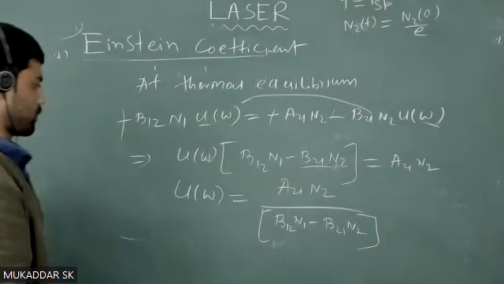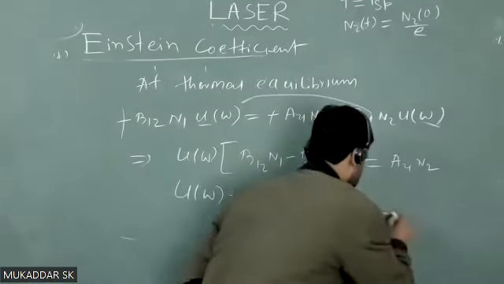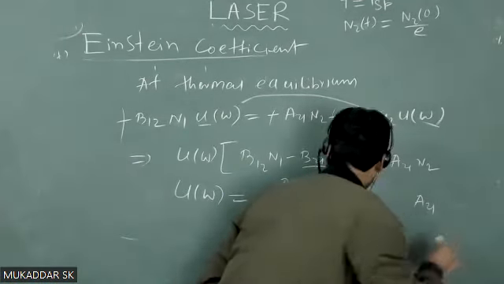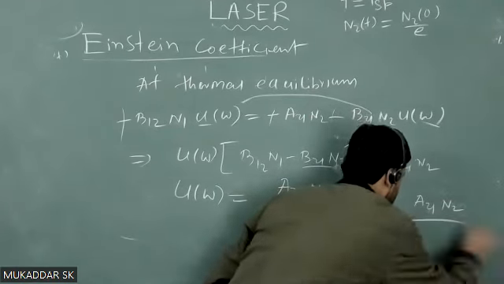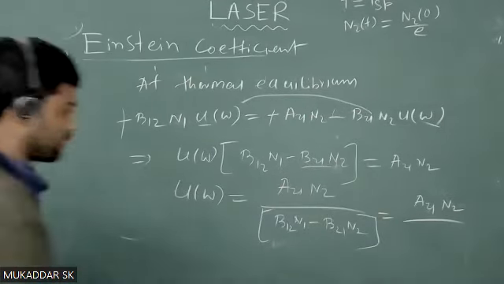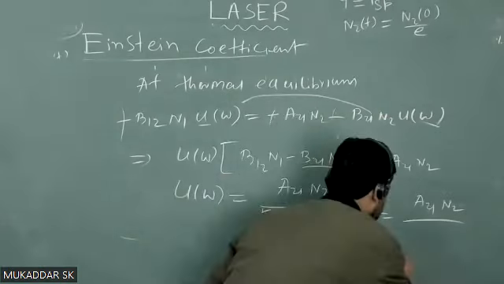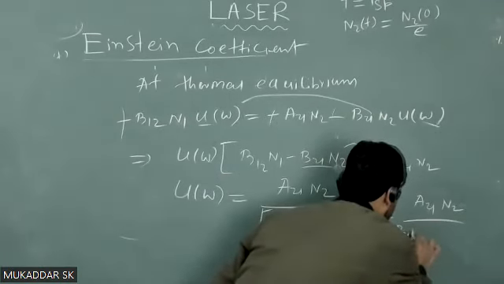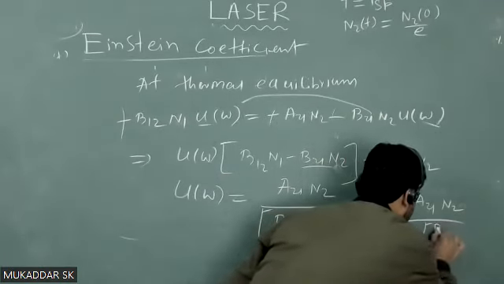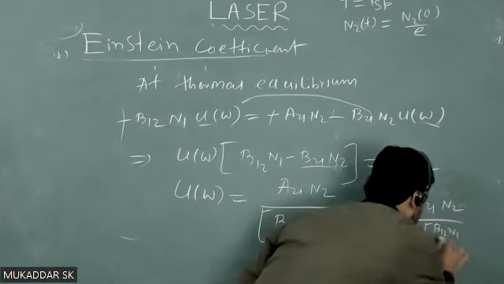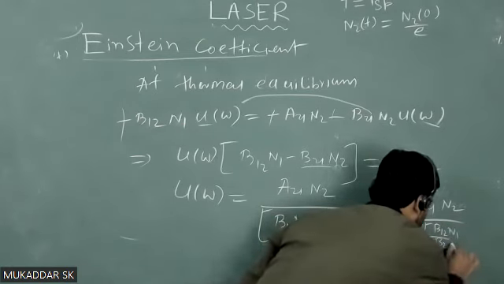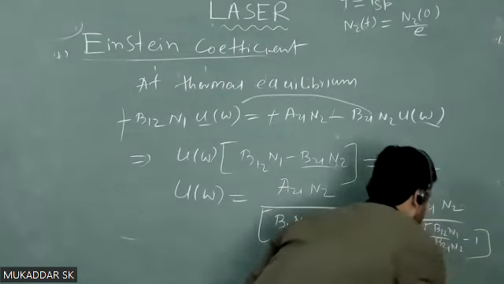You'll get it like this. Now I can write A21 N2, and in the denominator I can take this term common. So if I take B21 N2 common, then you have B12 N1 divided by B21 N2 minus 1, right?